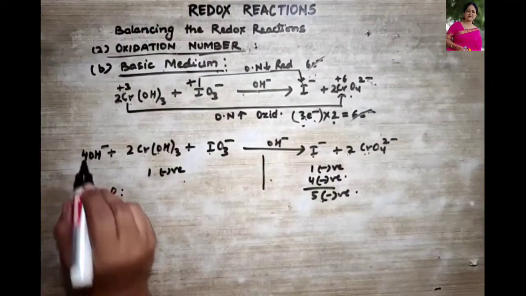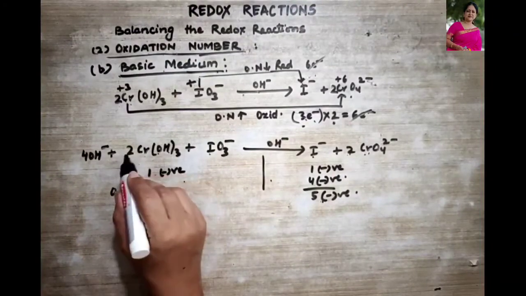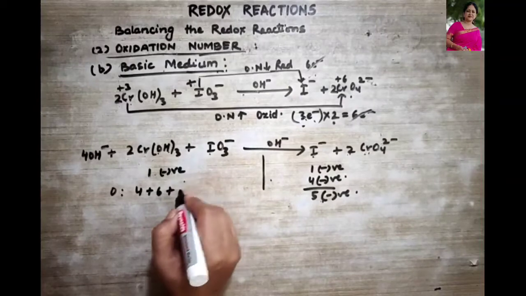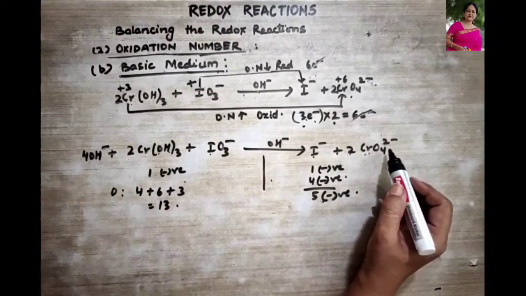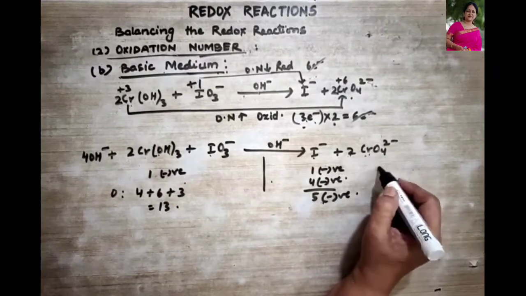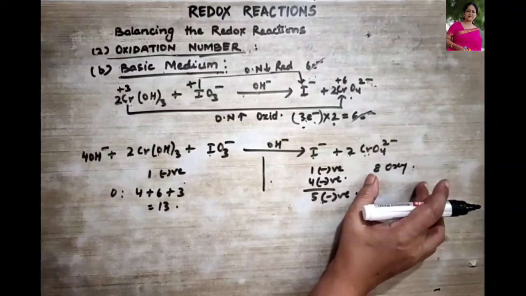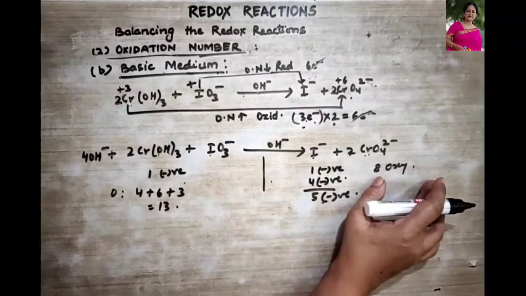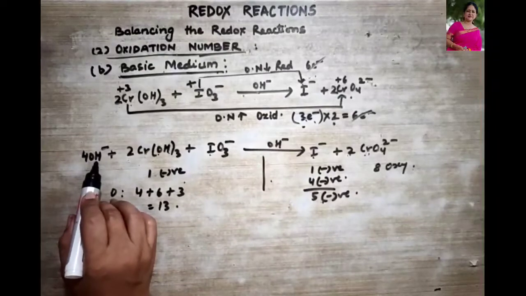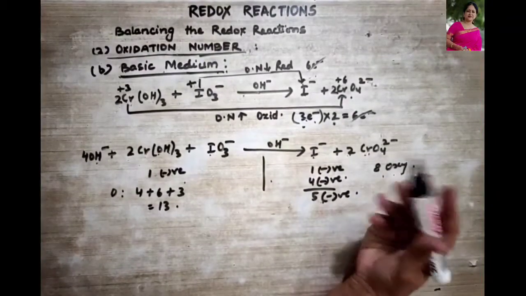So let's check up with the oxygen. Oxygen here, how many? 4 plus 3 2s are 6 plus 3. So this comes out to be 13. Let's look over here. 4 2s are 8 oxygen. Here there is only 8 oxygen. So after adding 4 hydroxyl ions over here, we have the deficiency of oxygen on which side?